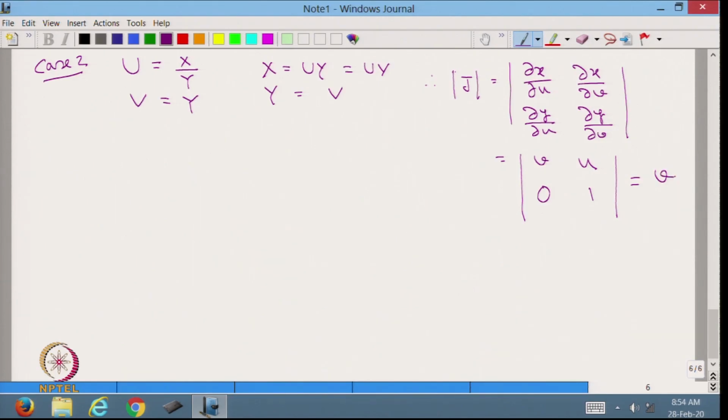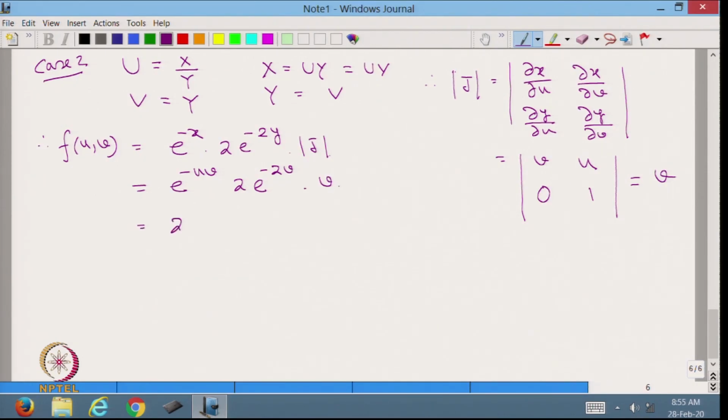Therefore, the Jacobian is equal to v. Therefore, f of u v is equal to e to the power minus x, e to the power minus 2y, into the Jacobian, which we can now write as e to the power minus u v, e to the power minus 2v, into v, which is equal to 2 e to the power minus v into (u plus 2), into v.